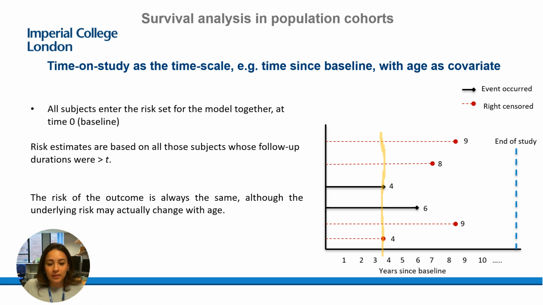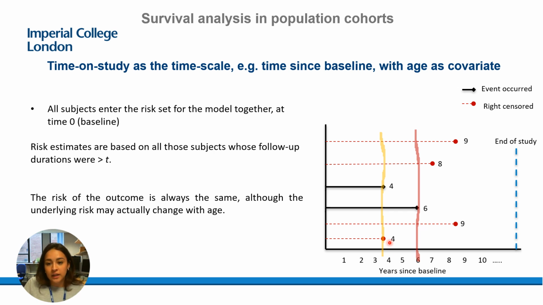However, if we then look at a different time point, let's say for example 6 years here, only 4 subjects are in the risk set, as one of them was eliminated due to the event, the event here in this one, and another one was eliminated because of censoring.